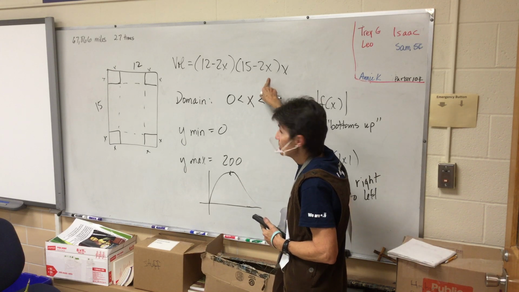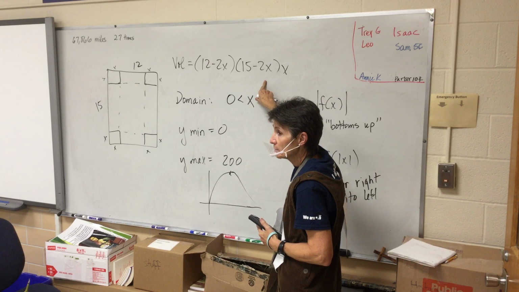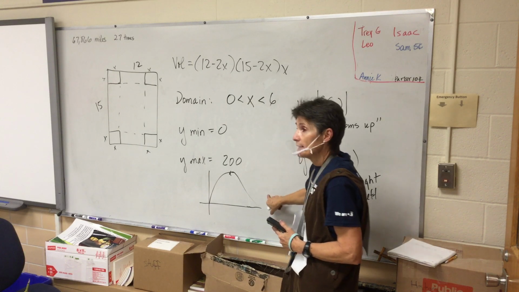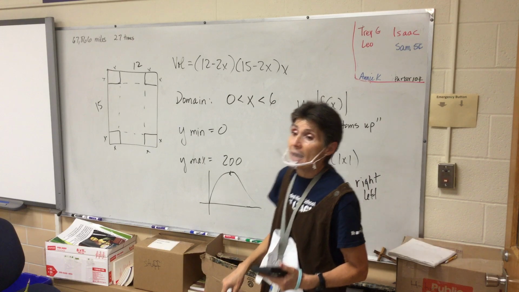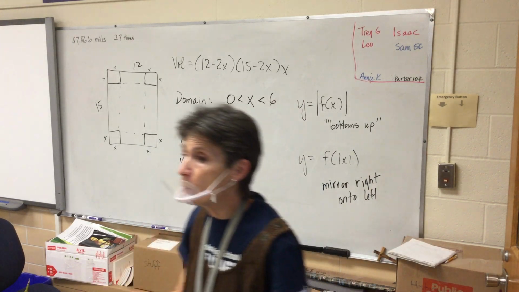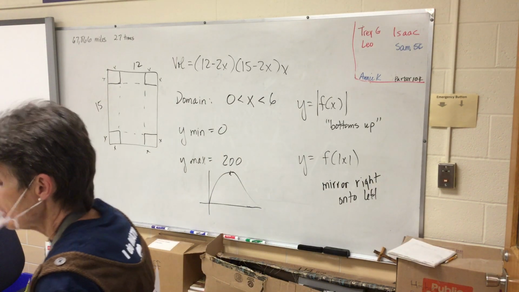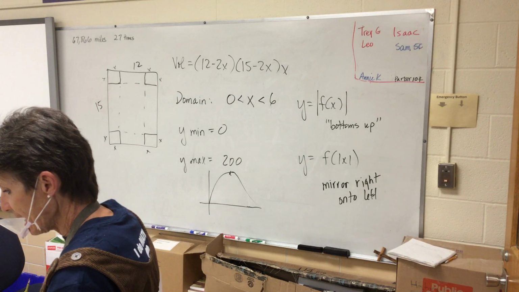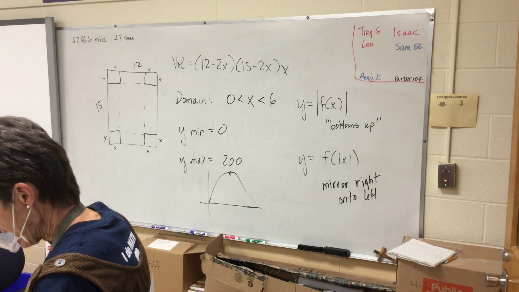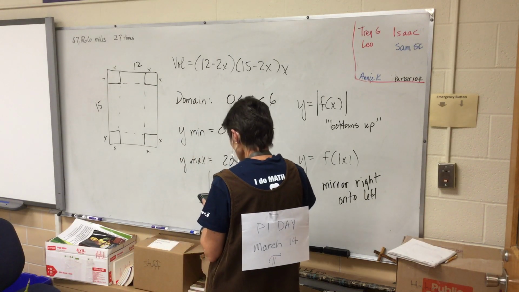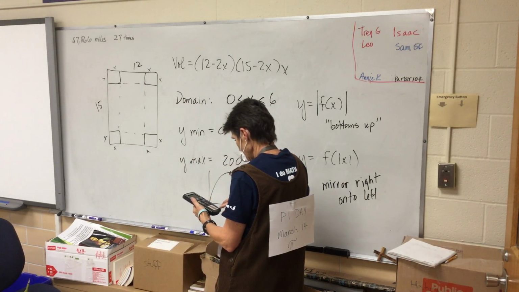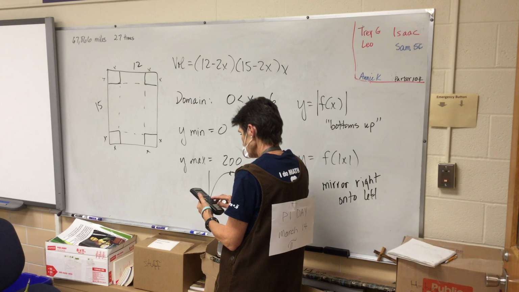Type in that equation exactly the way I wrote it. Press graph. And it's gonna give you this picture. Now, what do I wanna know about that picture? The maximum. So second Calc, Maximum. And just like you did on your last test, we go over there and over here.